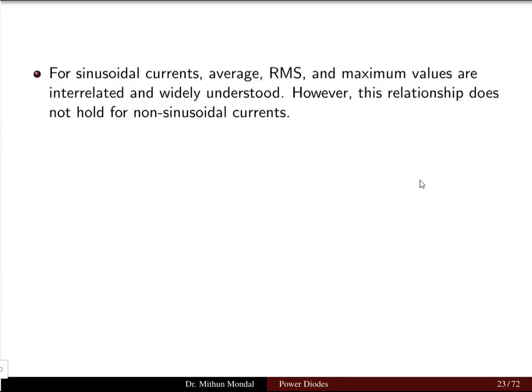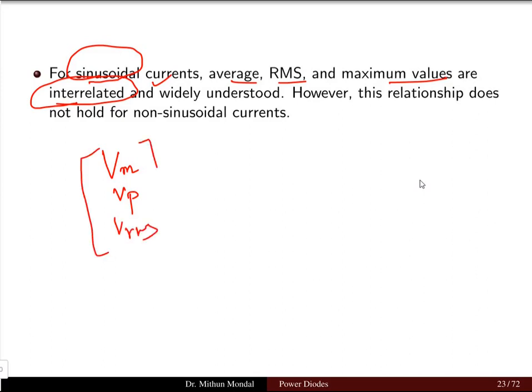Now, when we talk about sinusoidal quantities, whether it is a current or voltage, the average, RMS and maximum values are generally interrelated, which is well known. For example, suppose we need to determine the maximum value or the peak value or the RMS value of any sinusoidal function, they are interrelated to each other and are widely understood. However, this relationship does not hold for non-sinusoidal current.